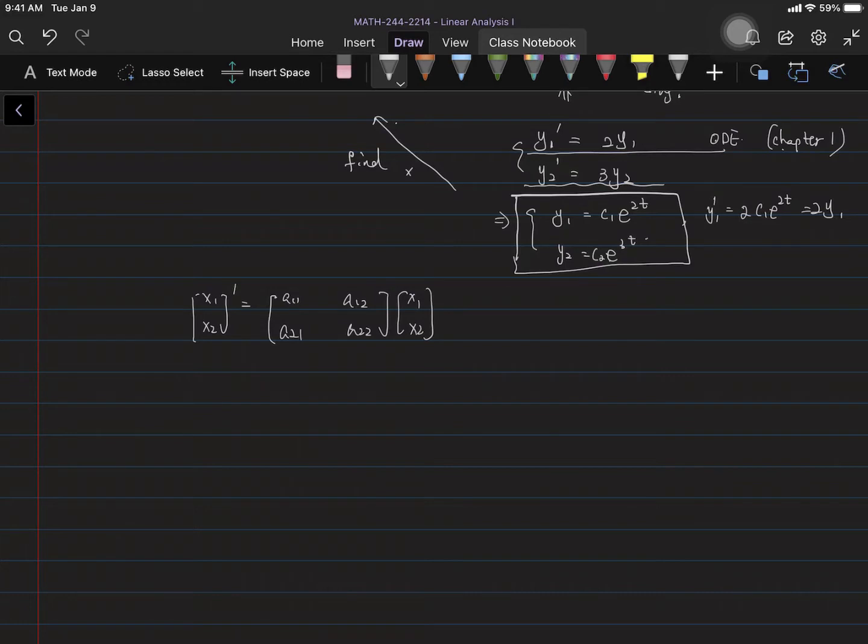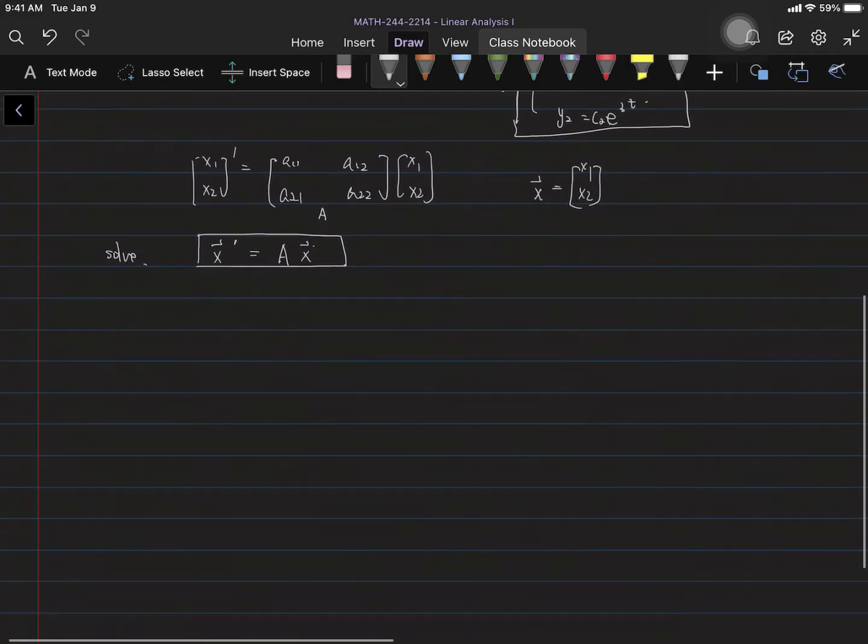If we write this in vector form, x equals (x1, x2), and we make the coefficient matrix A. So x derivative equals A times x. This is the vector form of the linear system, x prime equals Ax. We want to solve this.